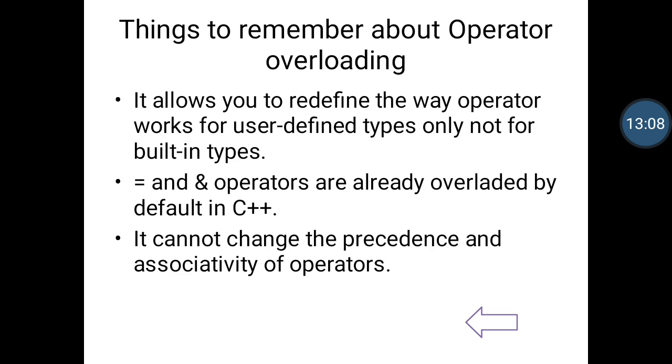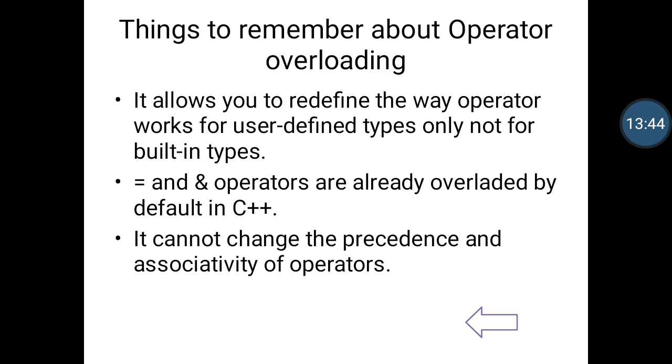Now whenever we are going to use operator overloading, we have to remember some things. It allows us to redefine the way an operator works for user defined data types only, not for built-in types. Here the equal to sign and the ampersand operator are already overloaded by default in C++, so we can't overload them again.